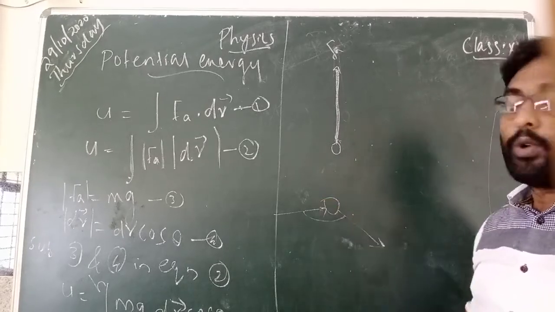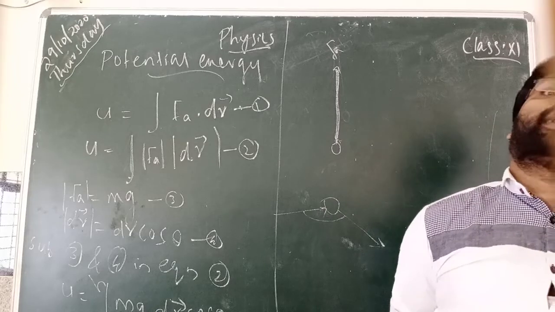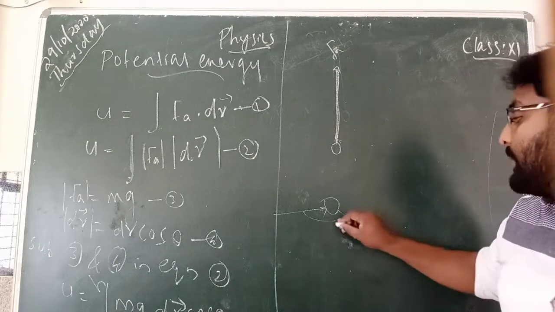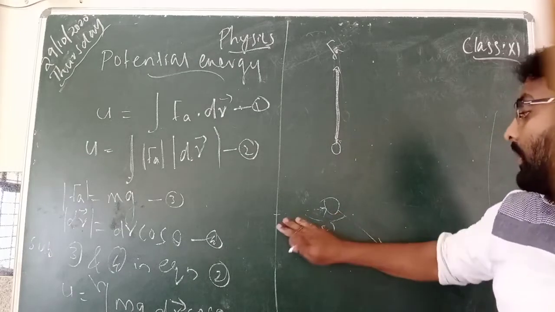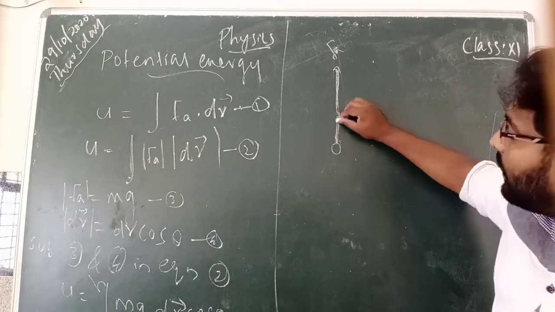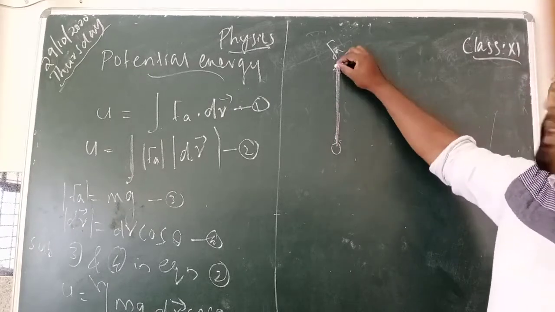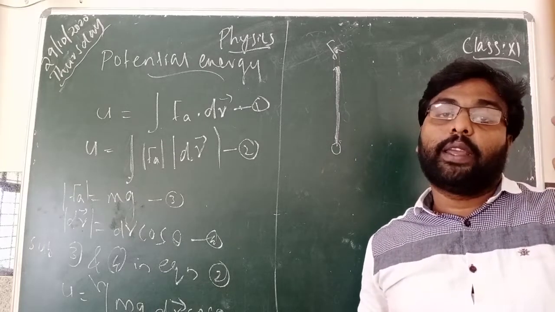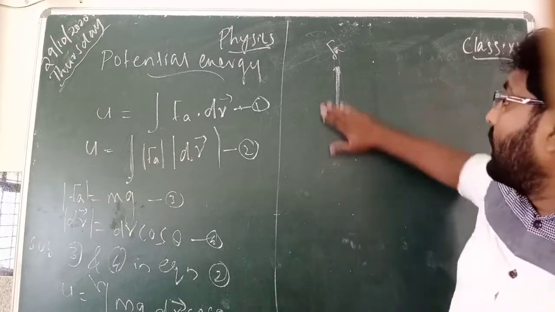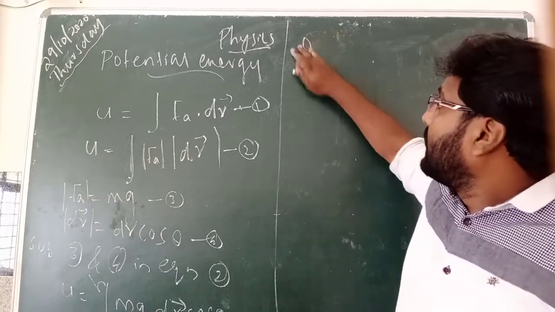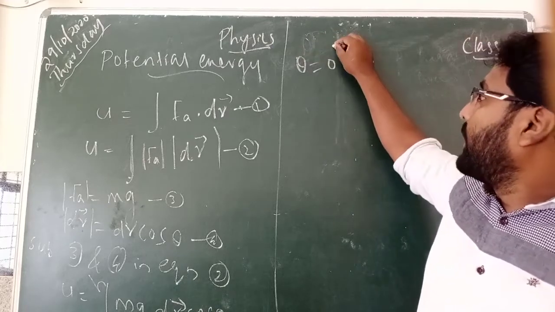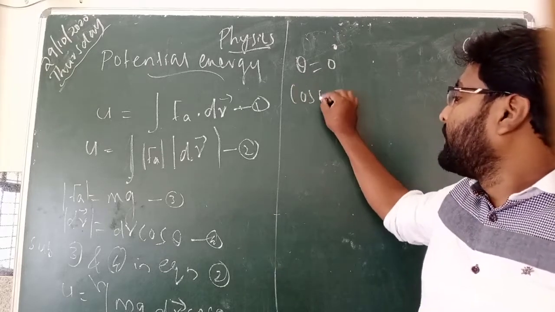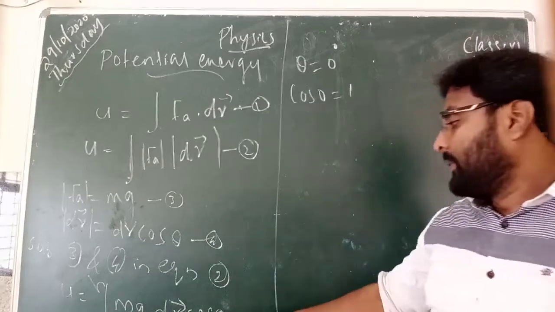Then there is an angle produced like this, so applied force and displacement are in different directions. Now there must be some theta value. But here force and displacement are in the same direction, so theta is equal to 0 degree. Theta 0 means cos 0 equal to 1. Now use this.